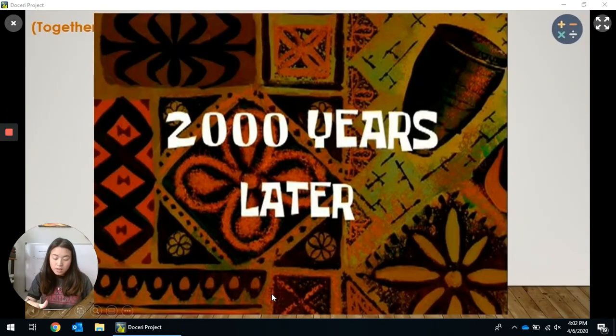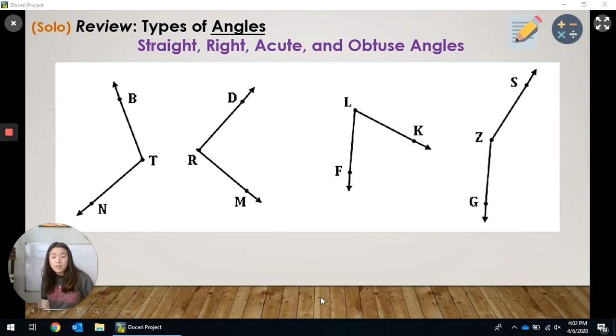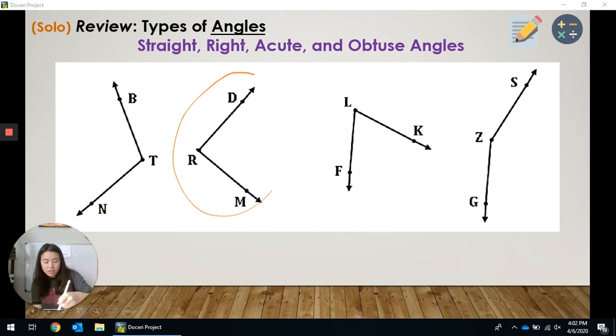So I'm going to get small again. And here's our practice. So we have 4 different angles here. We have angle NTB, angle DRM, angle FLK, and angle SZG.